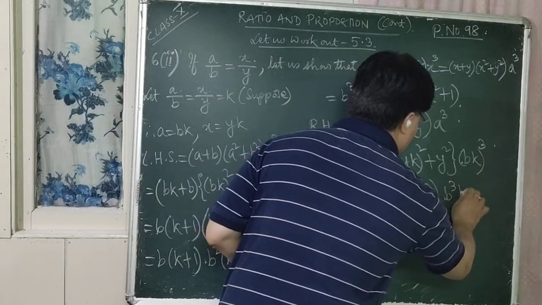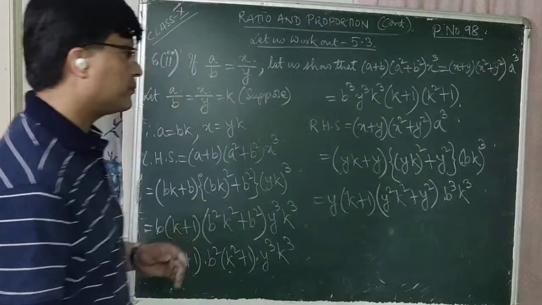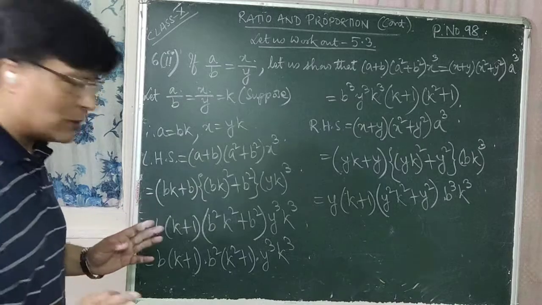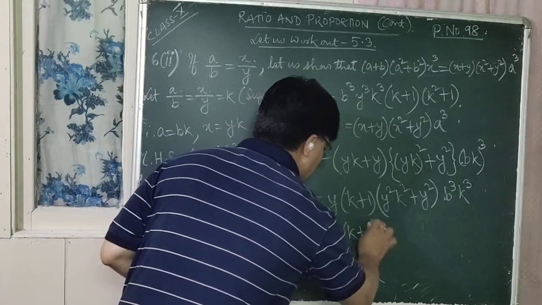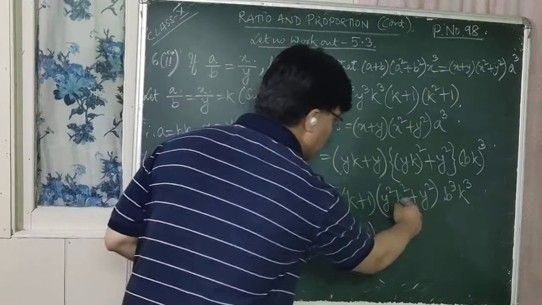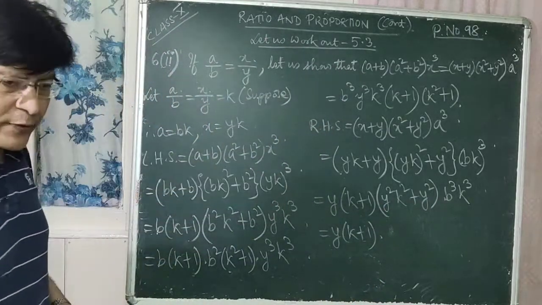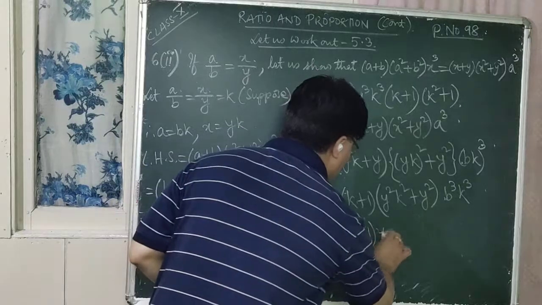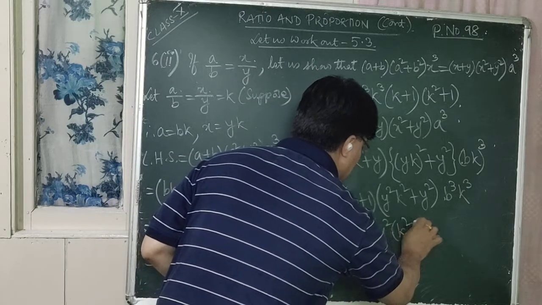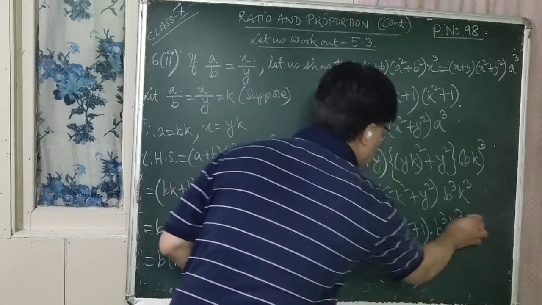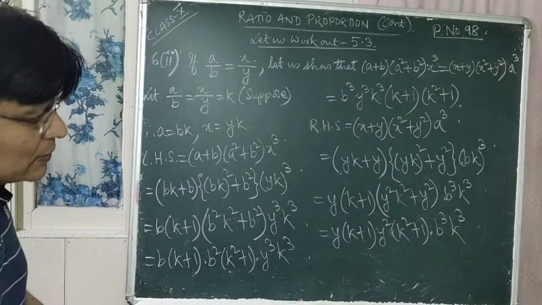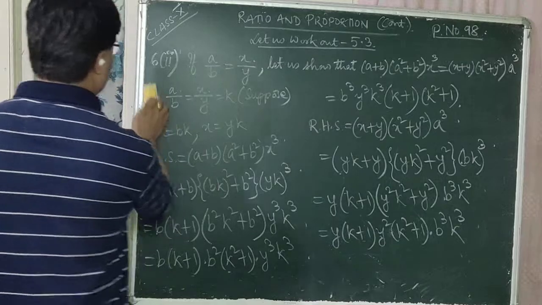It is b cube k cube. So you have understood now? So next, y into k plus 1 into, what is common out here? So you can take common from the factor, that is y square is common. So within bracket it is k square plus 1 into b cube k cube. Clear? So next.